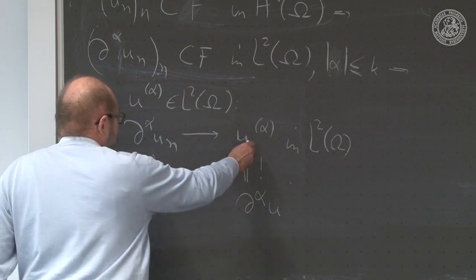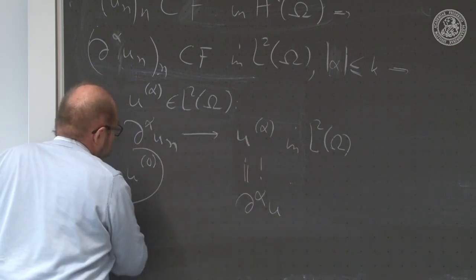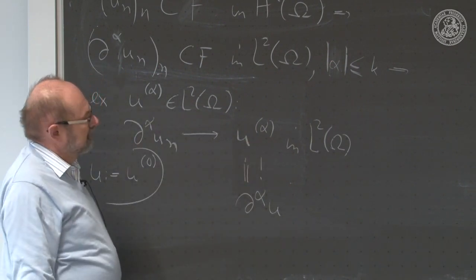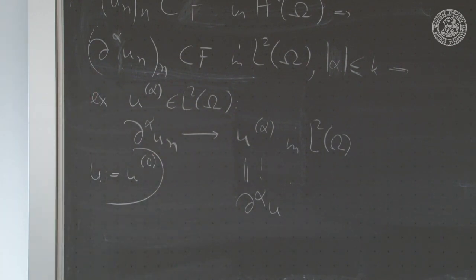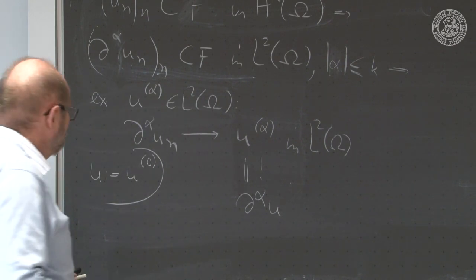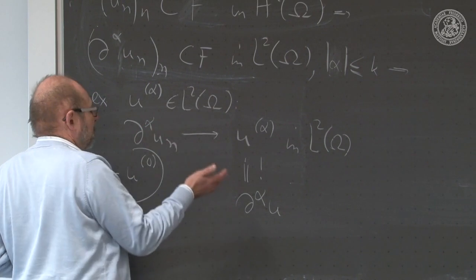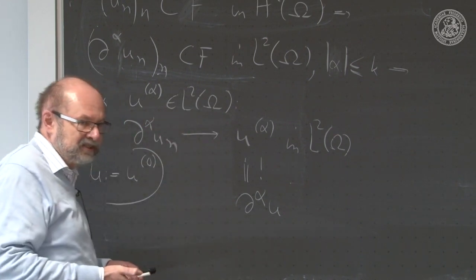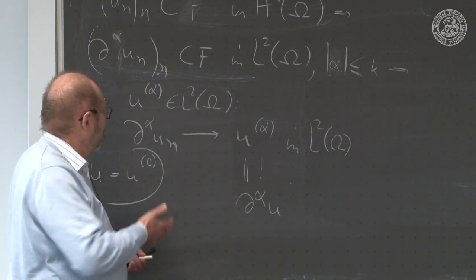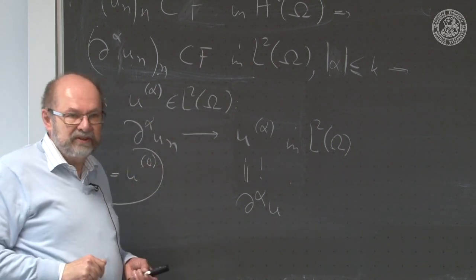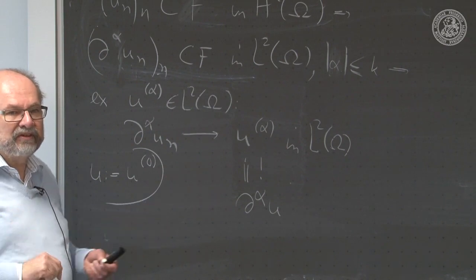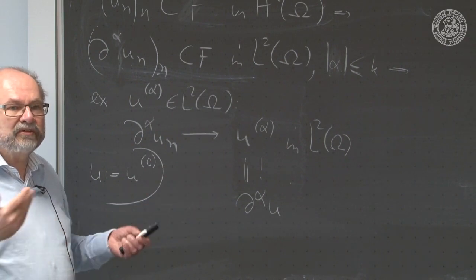How can I see that this is really the case here? What kind of results do you know if you think in classical terms, in pointwise derivatives? We have a function sequence which converges in some sense, and we have derivative sequences, which of course also converge.